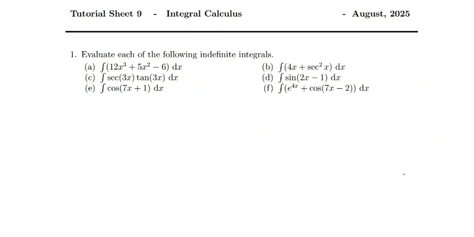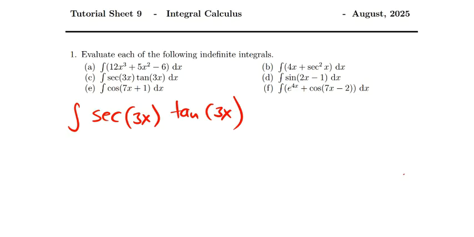We'll go to c. C is the integral of secant of 3x, and then tan 3x. So already when you think of the product of two trig functions, what comes to your mind? Let me take you back a little bit. So actually we were talking about the derivatives there, if you remember.